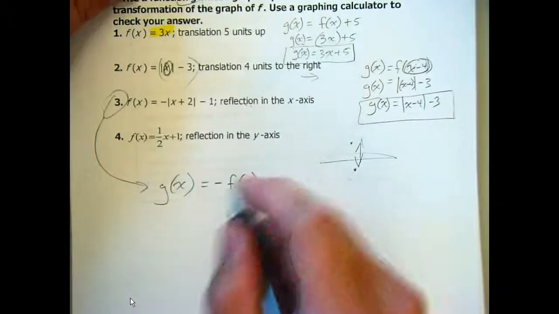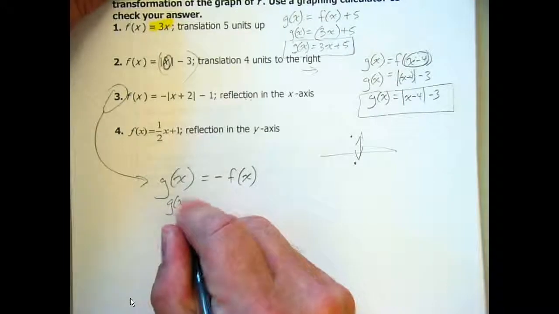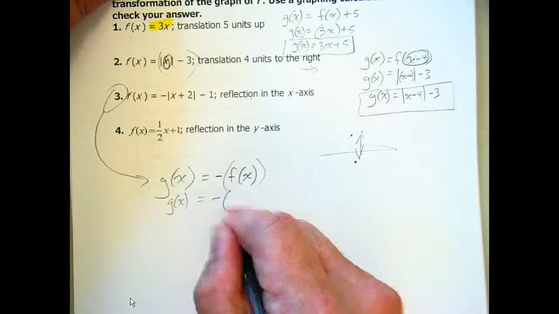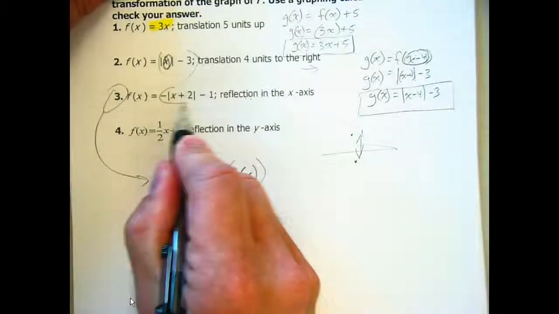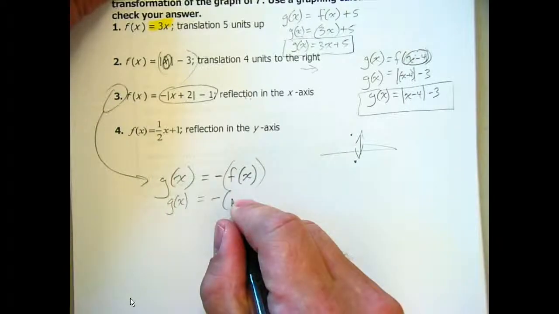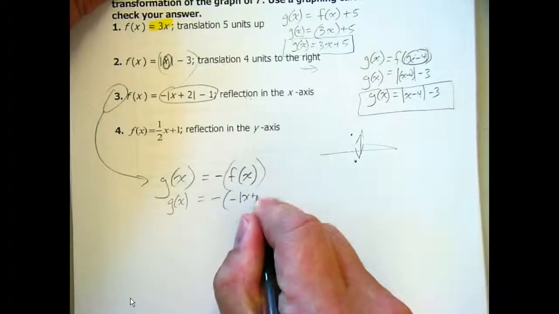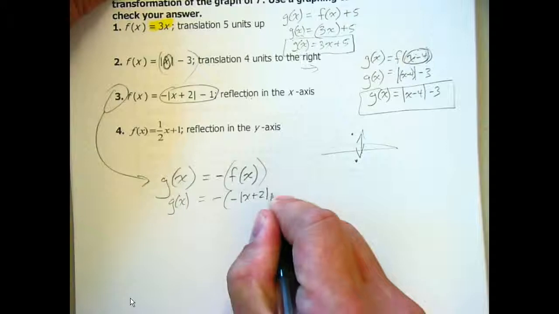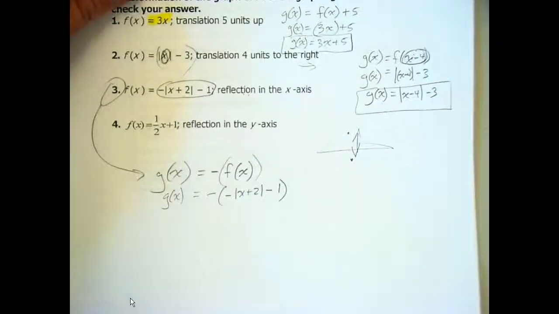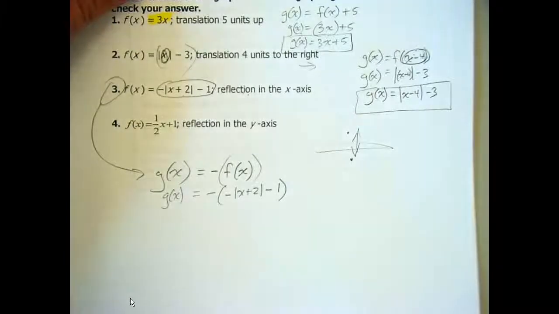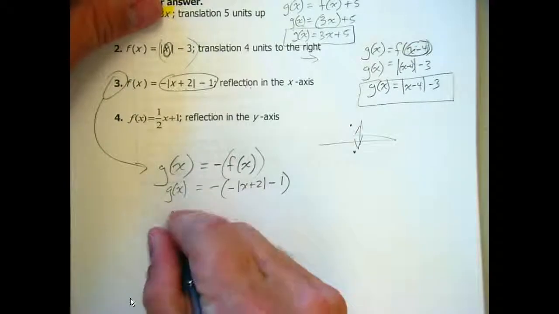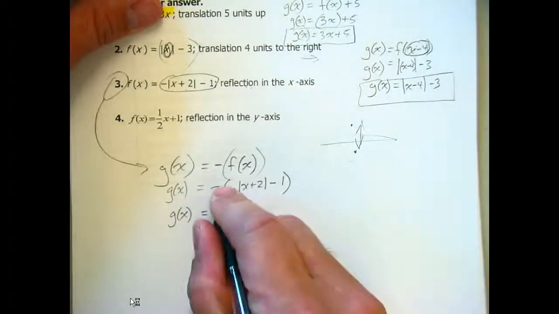What is f of x? Negative, and I've got to replace f of x with this. This is f of x. How do I know? Because it says f of x equals that. This is where some of you messed up. Be careful.